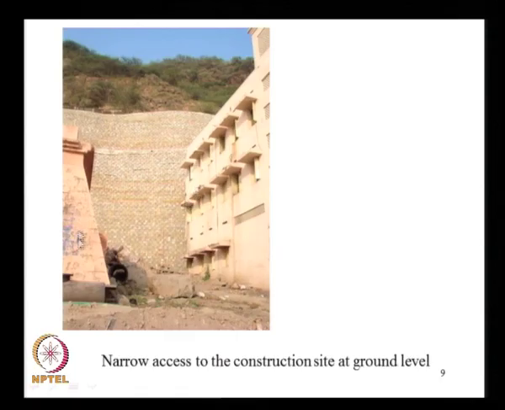There is one building here and one building here, and this opening is hardly about 2.5 to 3 meters, which is too narrow for any large construction equipment to come through. So we cannot think of moving a heavy crane or heavy lorry loads of vehicles in here, because this particular wall is nearly touching this building. So there is a great constraint on the space that we have at the site.